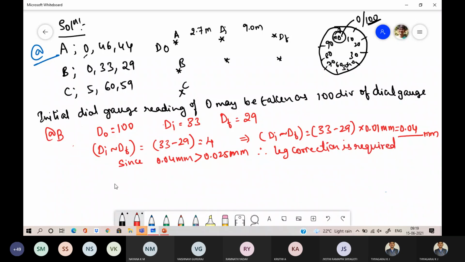So what is the formula for leg correction? D is equal to 2 into D naught minus DF plus 2K into DI minus DF. Is this the leg correction formula? Kindly check it.